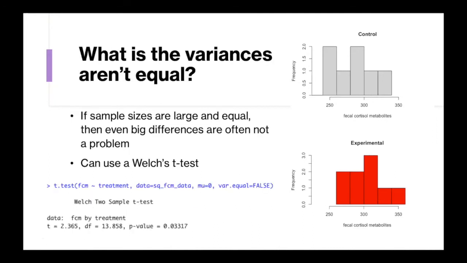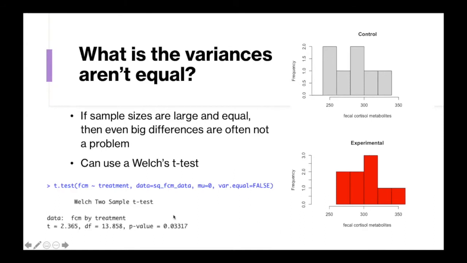Well, what if the variances aren't in fact equal? Even if variances aren't equal, if the sample sizes are large and equal in the two samples, then even pretty big differences in variances actually aren't much of a problem for these two-sample t-tests. If the variances were in fact quite different, we might instead choose to use what's called a Welch's t-test, which doesn't assume that the variances are equal between the two samples.